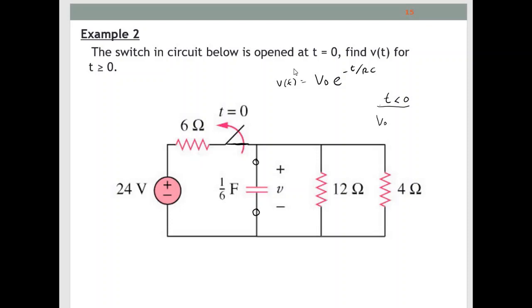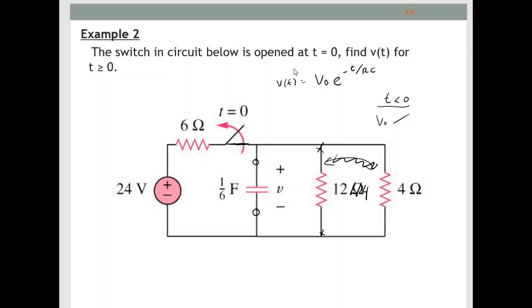The voltage here will be the same as V12 and V4, but in order to find the V here, you need to make 12 and 4 parallel first. So it becomes 12 parallel with the 4. There's only one resistor here, so you can use voltage divider, find the voltage here, and this V seems like V capacitor. Okay, this is the summarization for the next slide, but here I am just drafting the solutions.